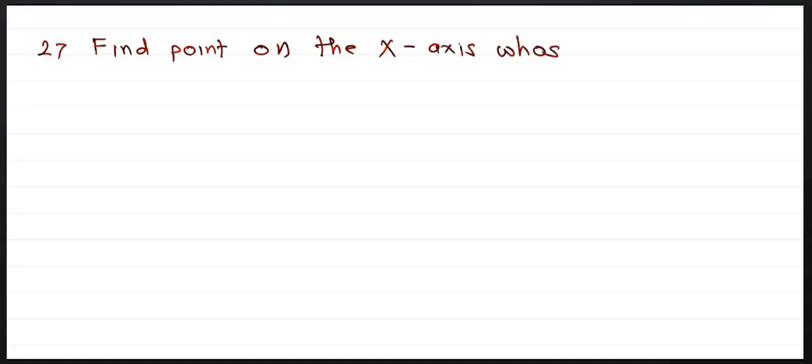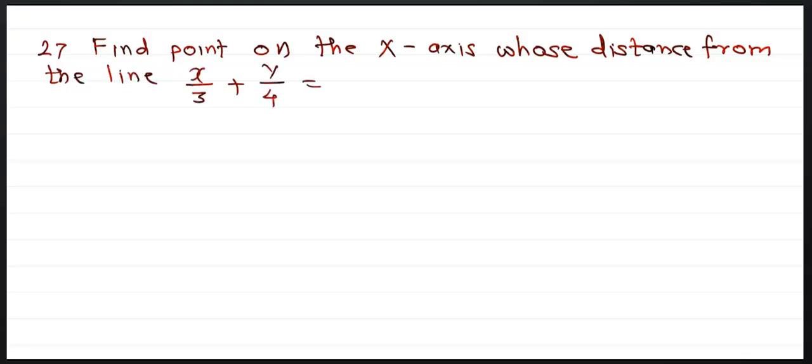Now the question number 27. Find the point on x-axis whose distance from the line x upon 3 plus y upon 4 equals 1 is given.